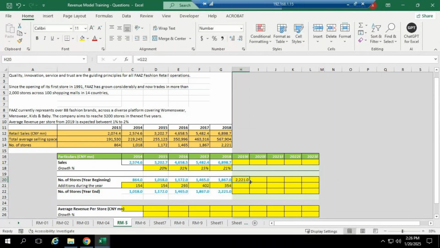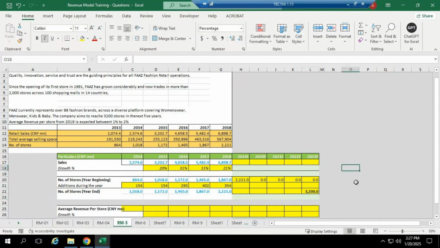Again you just drag it over here. Now the total store should be 3,200 at the end of the 5 years.